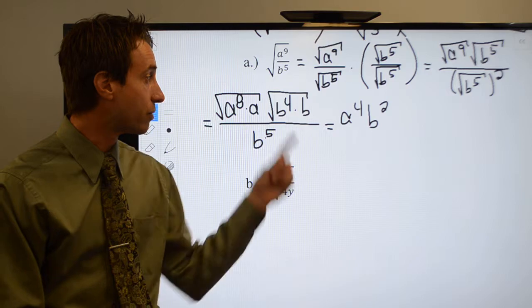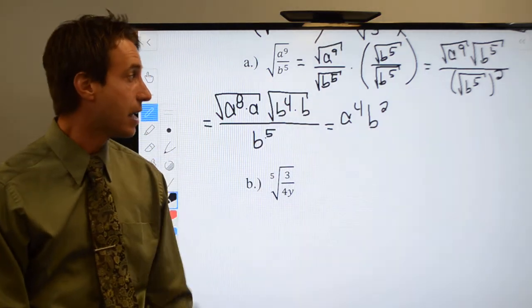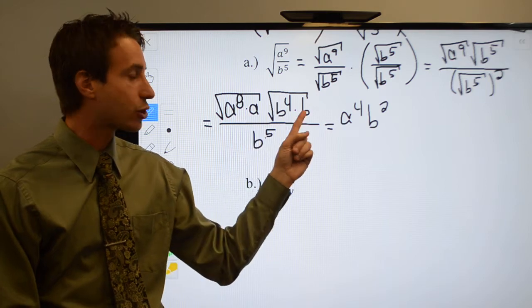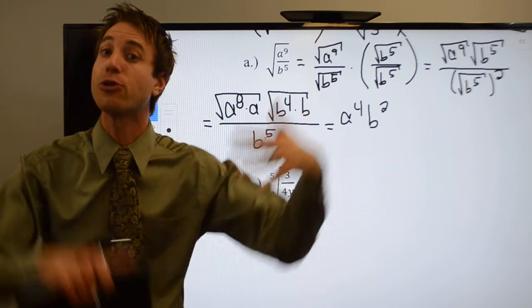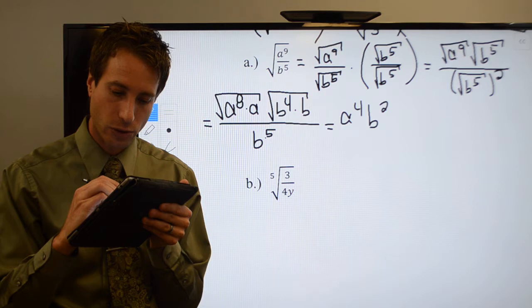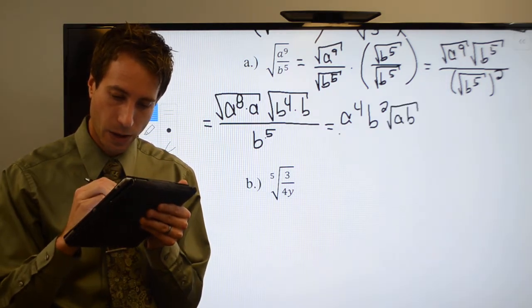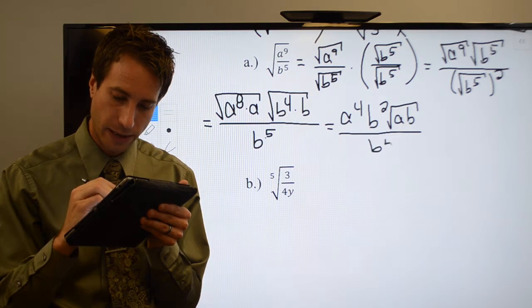I don't need absolute value because it's even, and I'll be left with the square root of b. Since I'm taking the square root of both of those, I can just put them together. So the square root of a b, all over b to the 5th.